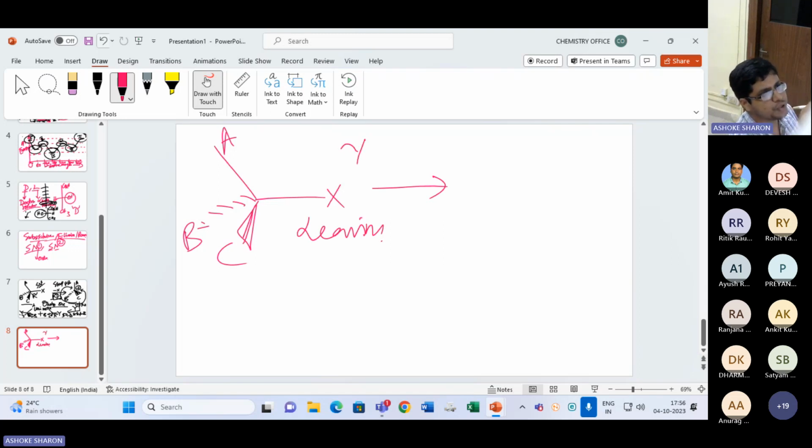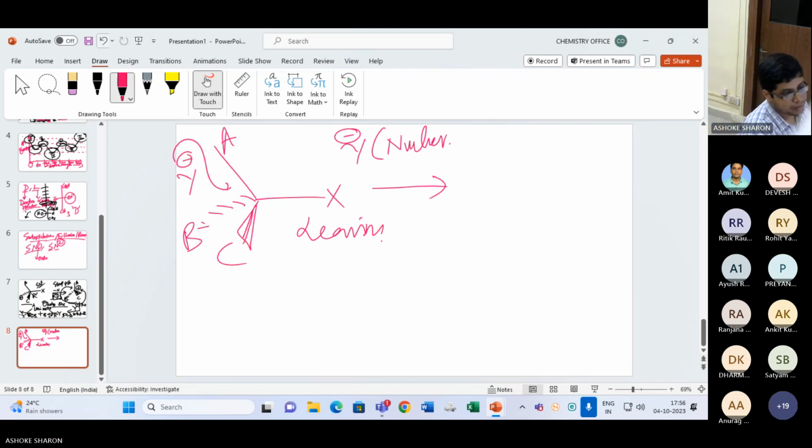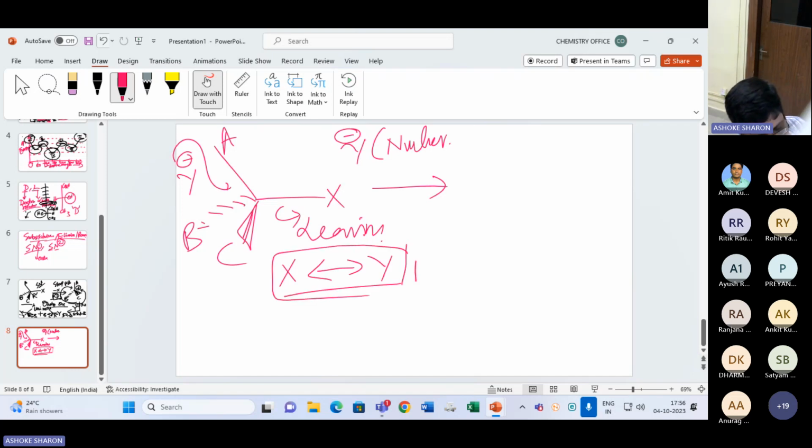Leaving group means it is substituted by something, and Y minus is entering. So it's a nucleophile. That Y minus approaches from that side, and the X group is removed. The biggest criterion is that the X and Y approach to each other will be at 180 degrees.